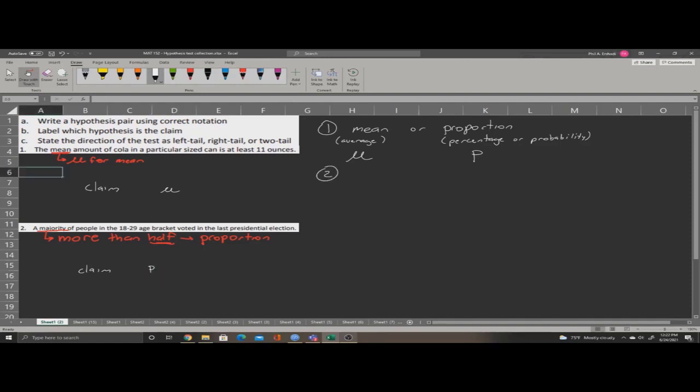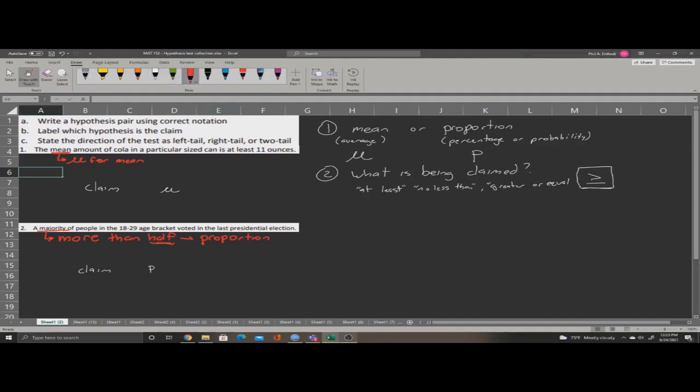The second question we ask is, what exactly is being claimed about the mean or proportion? In this case, there are certain words that we want to look for. If you see the words at least, or no less than, or you see the words greater or equal, that is represented with a greater than sign with an underline underneath it.